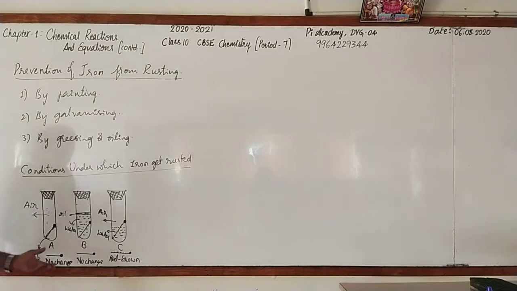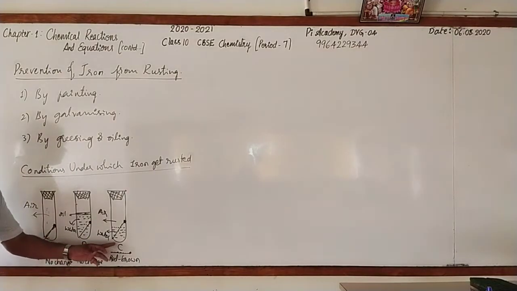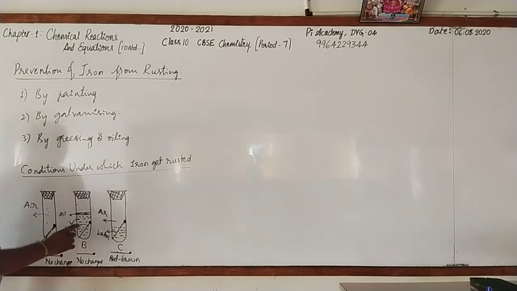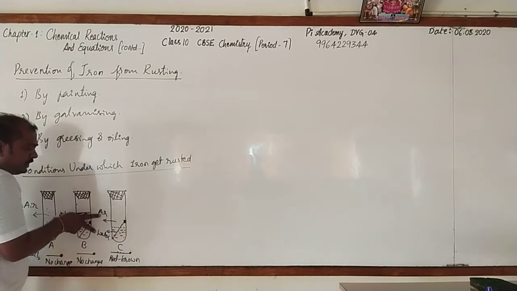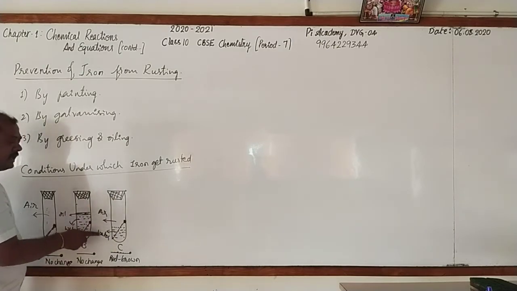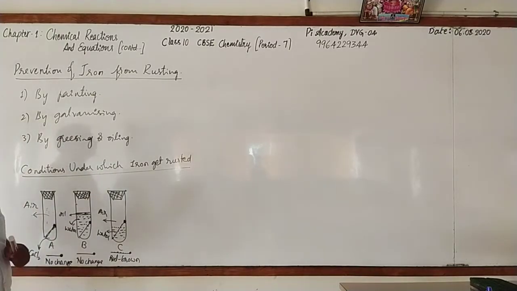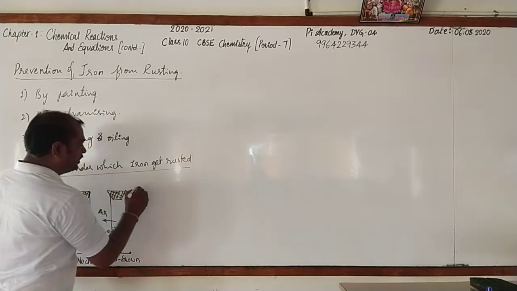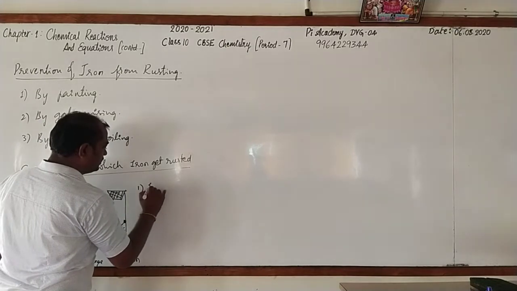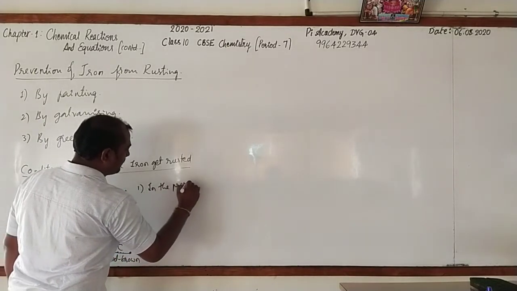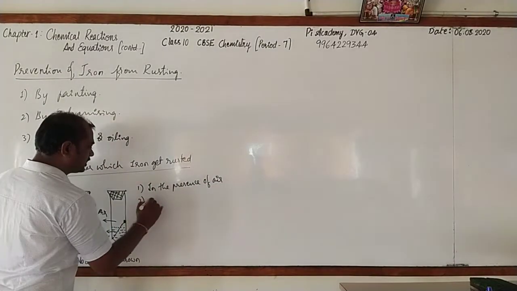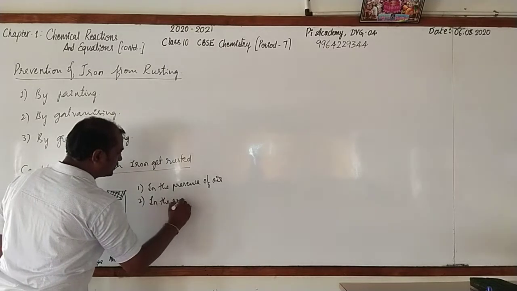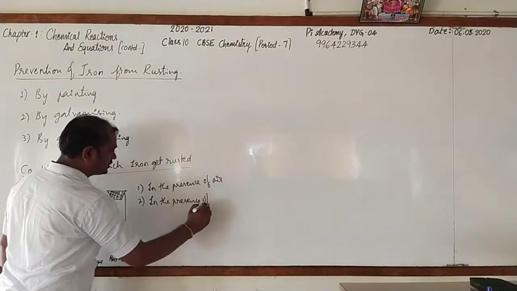Here air is there as well as water is there. Clear? Among these three cases, only in case C does iron get rusted. That means iron undergoes rusting under two conditions: one is in the presence of air, nothing but oxygen, and the second is in the presence of water.